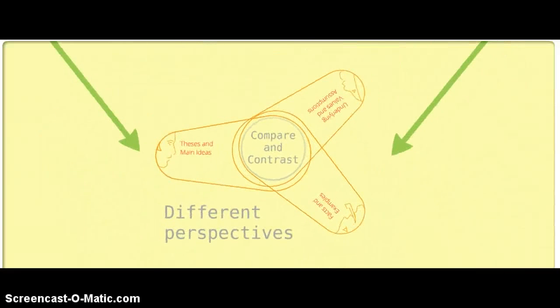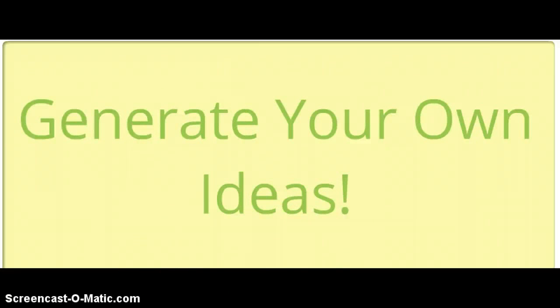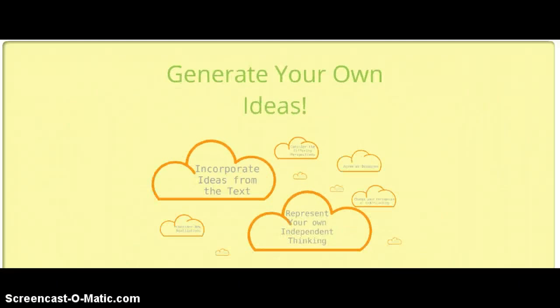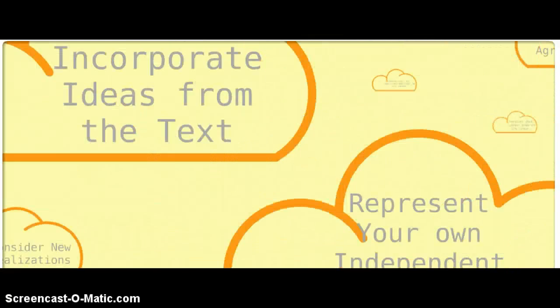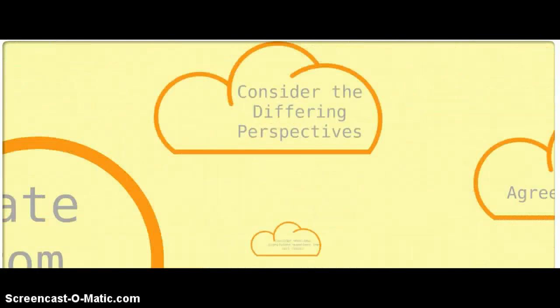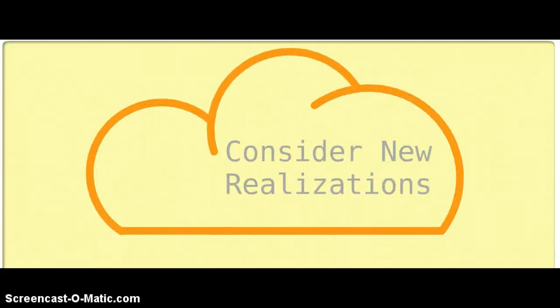Once you have compared and contrasted the texts, you can begin to generate your own ideas about the texts. Be sure to incorporate ideas from the chosen texts and yet represent your own independent thinking. Consider how differing perspectives of the texts may lead you to new realizations that will help you enter the conversation surrounding the texts.